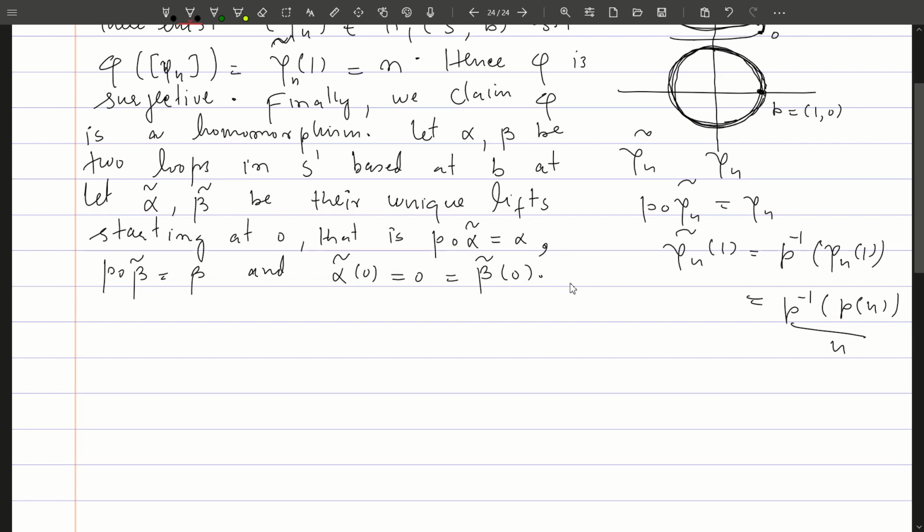Now let us define another loop gamma to be the product of these two loops. So let gamma from [0,1] to S1 be the product of loops alpha and beta.